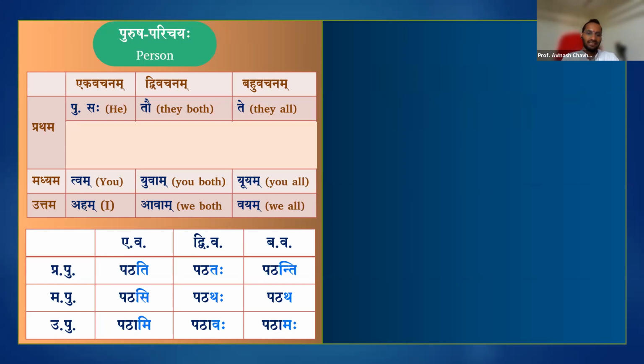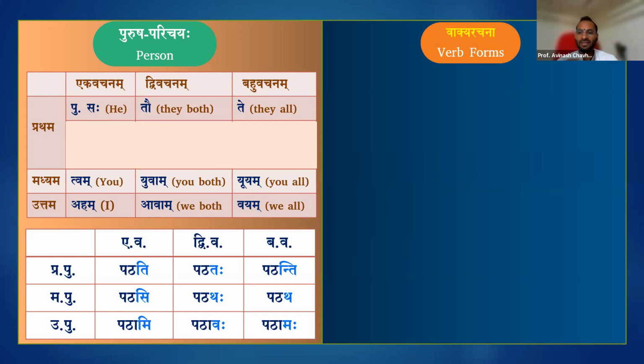Tvam pathasi, yuvam patathaha, yuyam patatha, aham pathami, avam pathavaha, vayam pathamaha. So now, based on these pronouns and verbs, we are going to make some sentences.